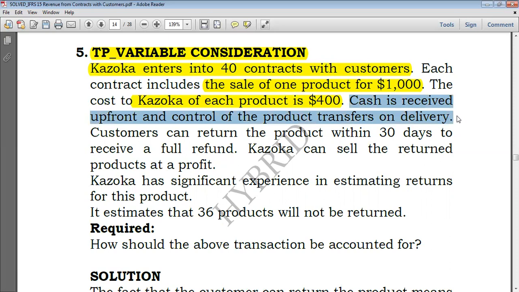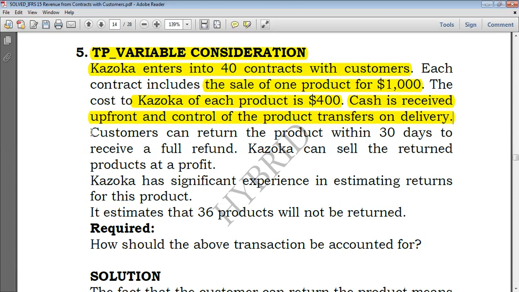So Kazoka has received cash and has delivered the product. Kazoka has satisfied the performance obligation by delivering the product to the customer, and so is entitled to recognize the total revenue.